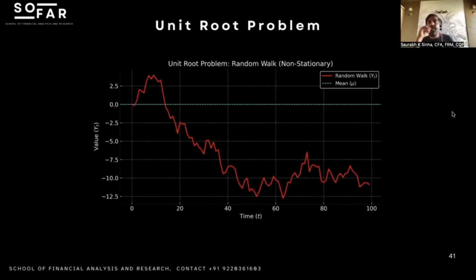And that random walk is shown mostly in what entity in this world? What entity shows a random walk? You all know that. Stock prices. The most random thing on this planet is stock prices. It behaves so randomly.